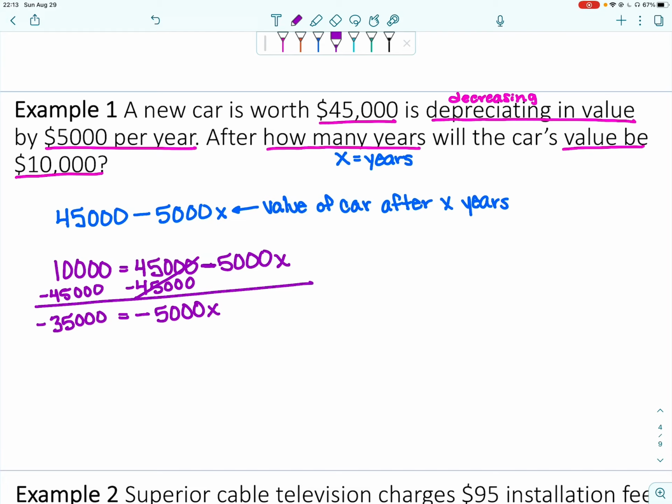And then to get the x by itself, I'm going to divide both sides by 5,000. I'm sorry, negative 5,000. Don't forget that it's negative, like I almost did.